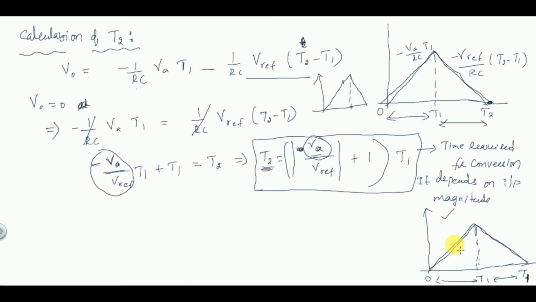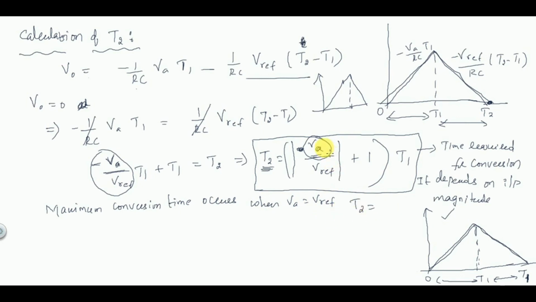So always the maximum conversion time occurs when VA is equal to V reference. If both are the same in magnitude, what will happen?